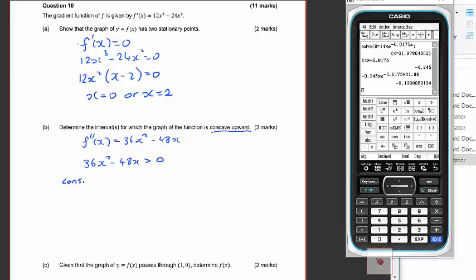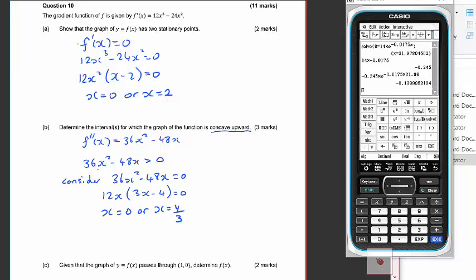Now I'm just going to consider 36x squared minus 48x equal to 0 for the moment. Now we have a 12x we can take out, and then that gives us 3x take away 4. So x equals 0, or x is equal to 4/3.